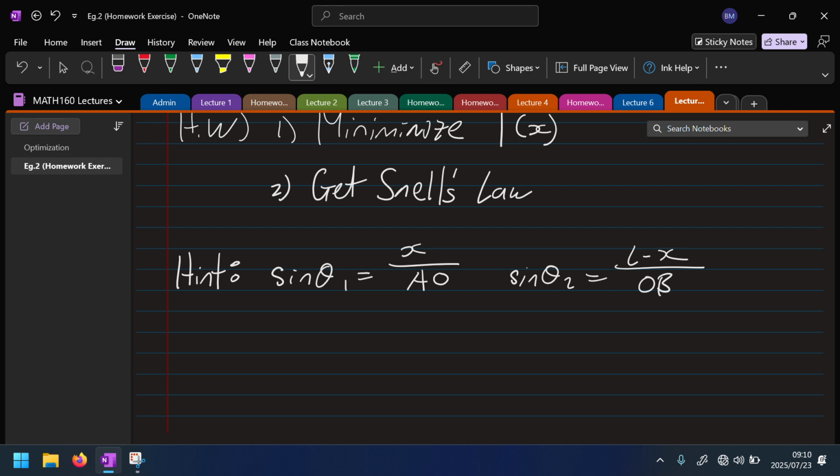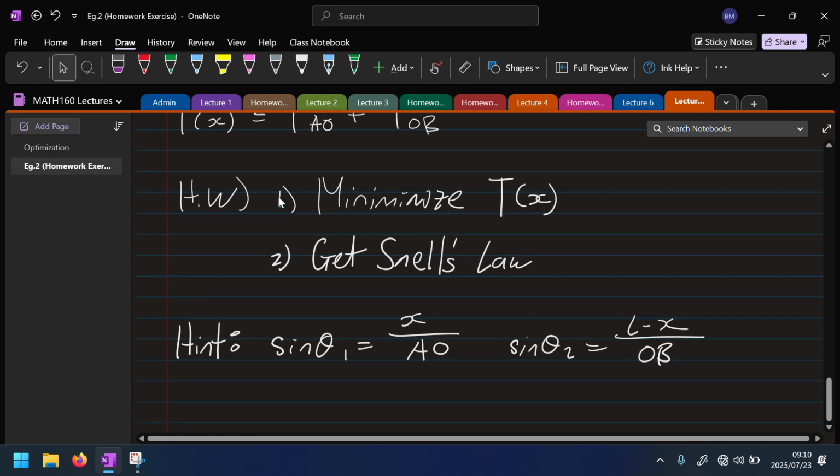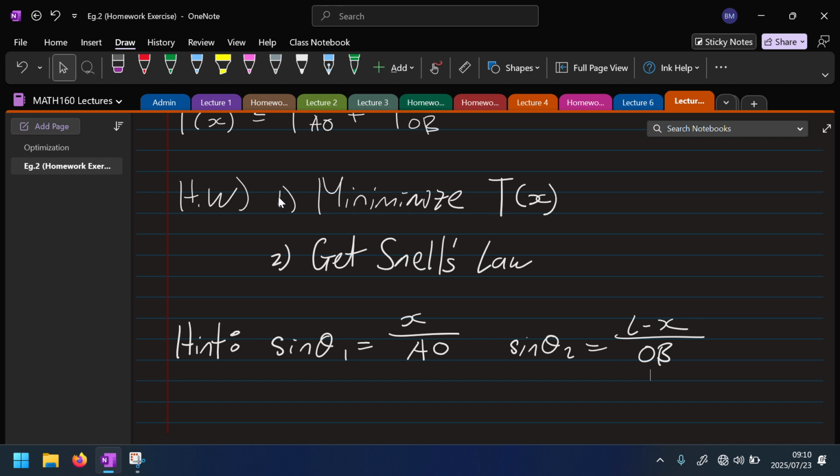Okay, any questions on this? No questions. Okay, looks like a very nice class test 3 problem. Maybe you'll take the hint. So you do your minimizing of t, that gives you an equation. You take your equation and you do that replacement. So when you see x over AO, you put the sine theta 1.